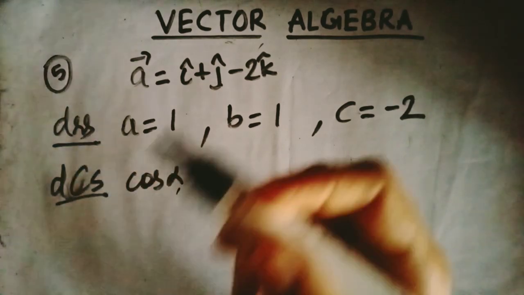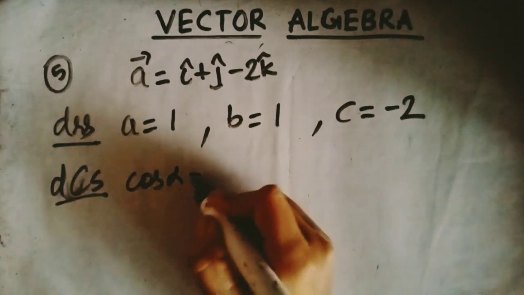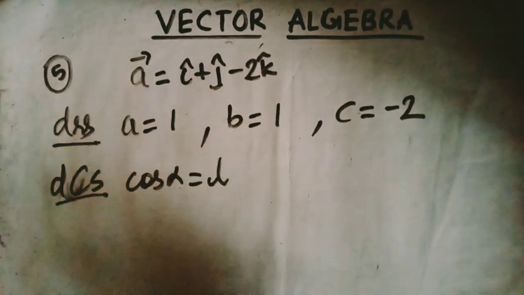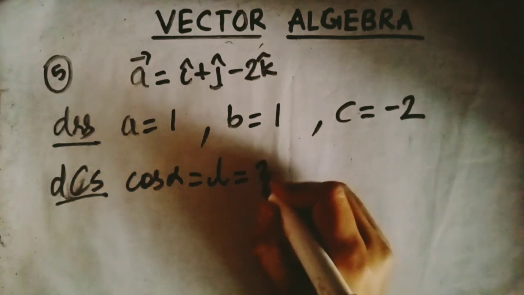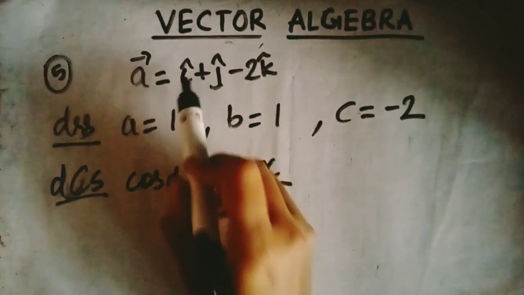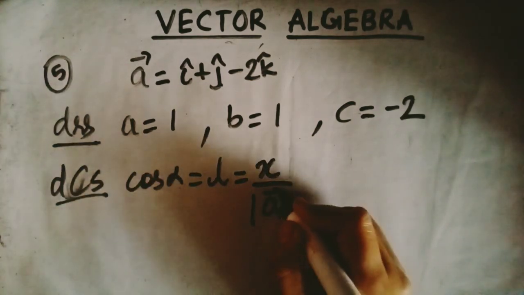Okay, direction cosines are given by cos alpha. But here the angle is not given, so it is represented by l and calculated by x, that is your scalar component, upon the magnitude of a.